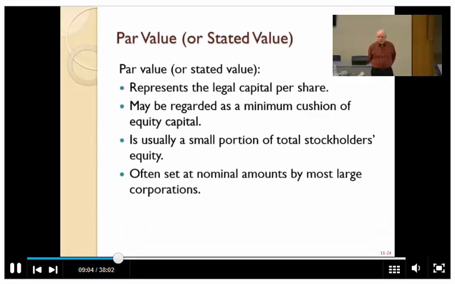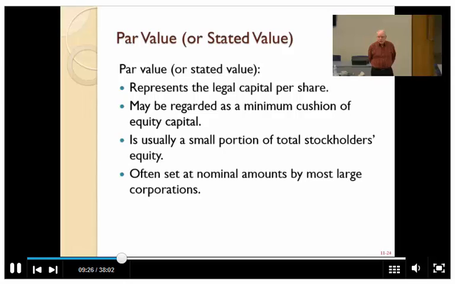All right, now par value is an arbitrary amount that is assigned to a share of stock and is indicated in your articles of incorporation. Par value or stated value was never meant to be a surrogate for market value.